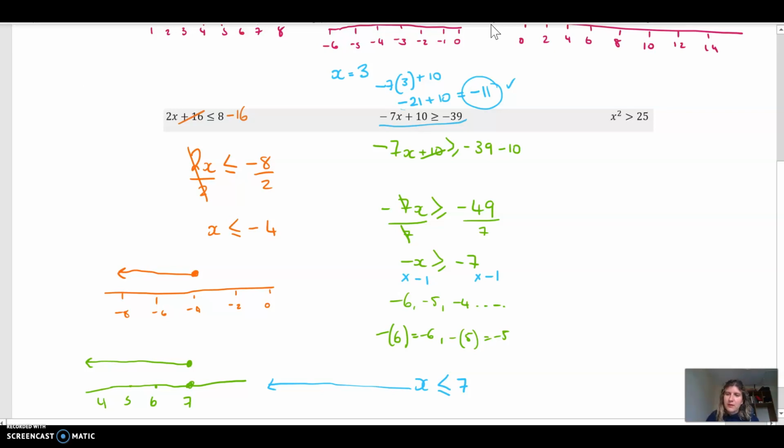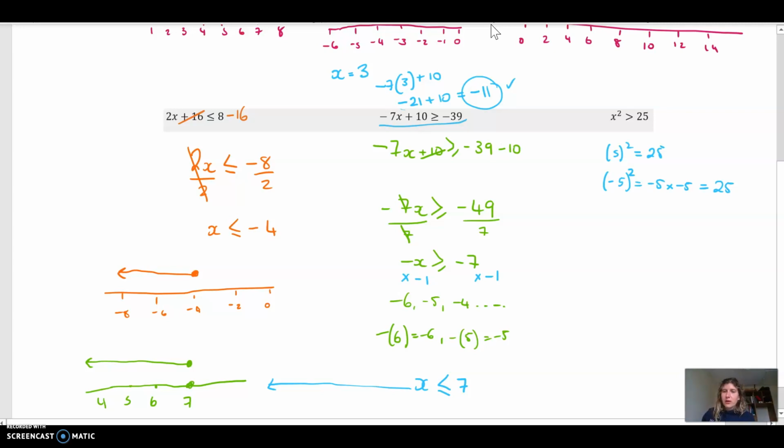quadratics, and that is, being quadratic, that means that you've got a squared, a power of 2. We know that 5 squared is equal to 25. We also know that -5 times -5, -5 squared, is also equal to +25.